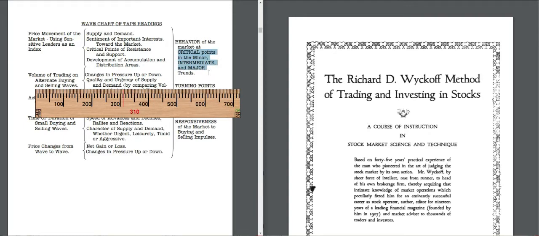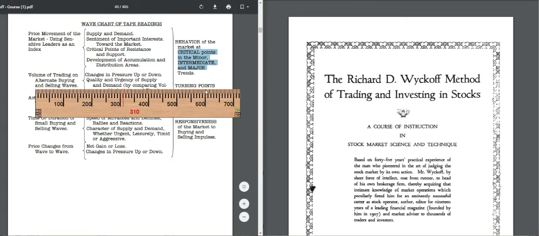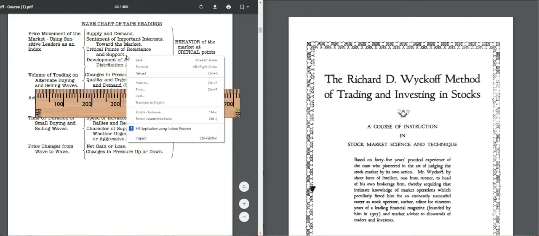I think what he's talking about are the tests right before. They're very low volume, low speed, and then the markets go. So these critical points are identified on wave charts.